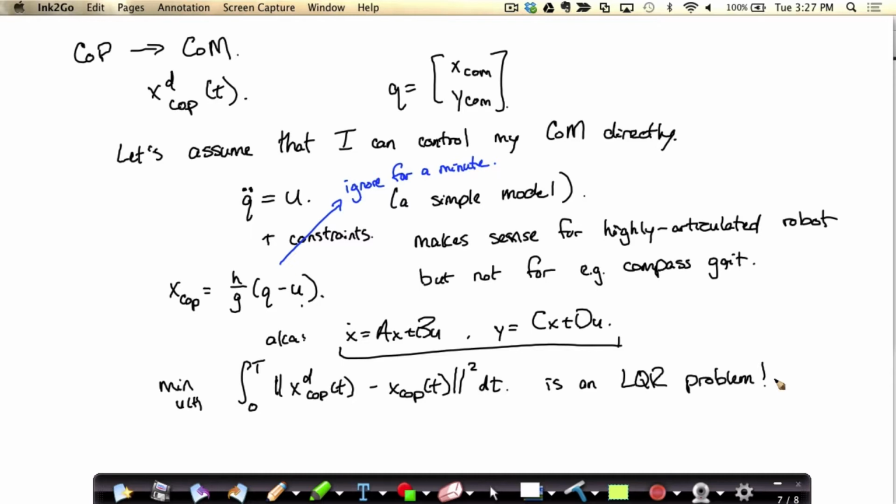Okay. I can write this down as this cost function. I can write down as just a full quadratic form.